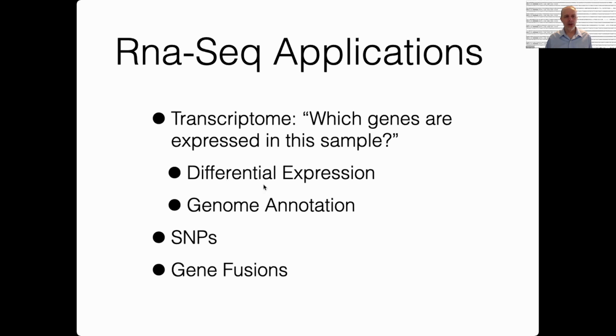You can also use RNA-seq data to identify sequence variants. That is also something that can be done with DNA data. And also to detect gene fusion. So this is where you have a structural rearrangement in the genome so that you get genes put together that aren't normally together.